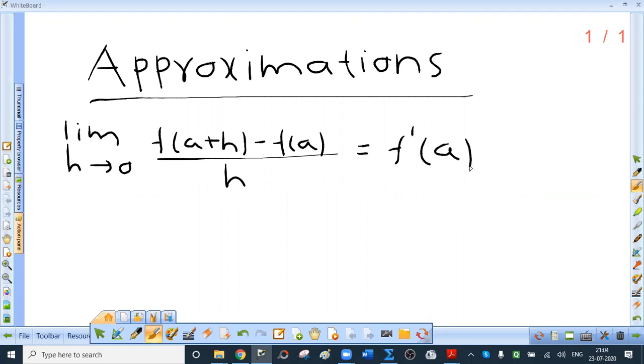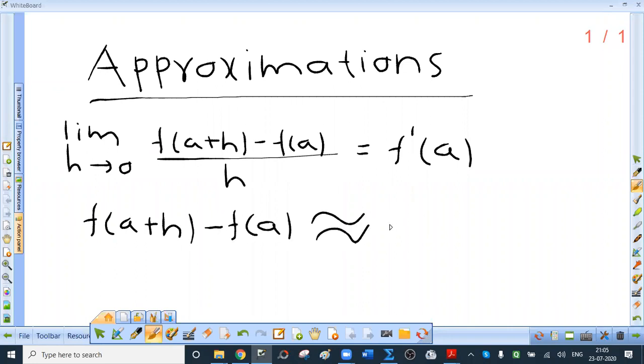Now, if h is very small, almost 0, in that case, I can say f of a plus h minus f of a is approximately equal to f dash of a. See, I'm not writing equal to. I should not. I cannot, because limiting value is f dash of a.